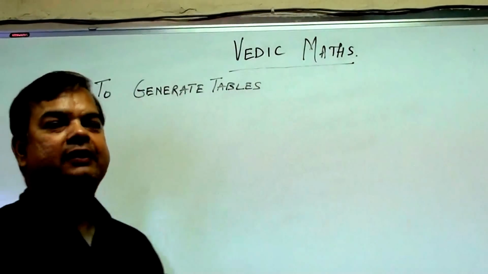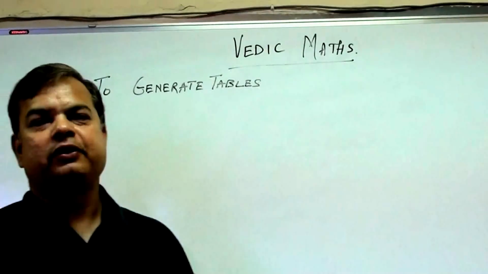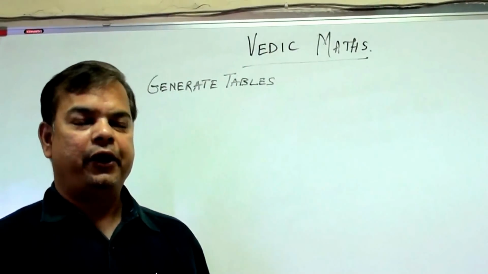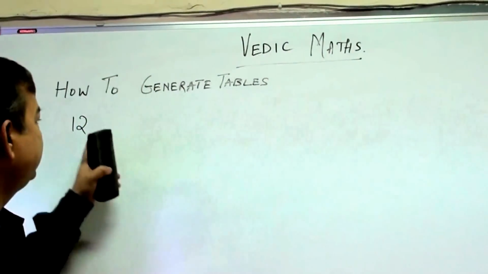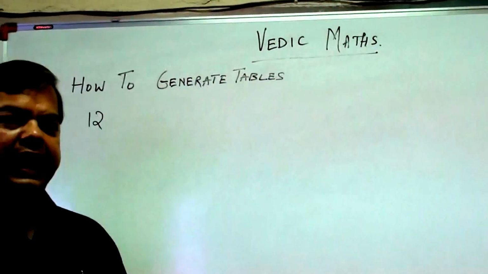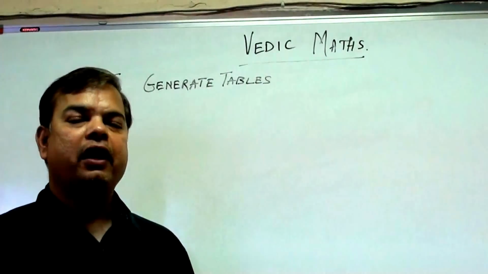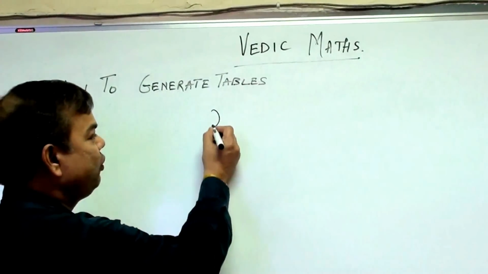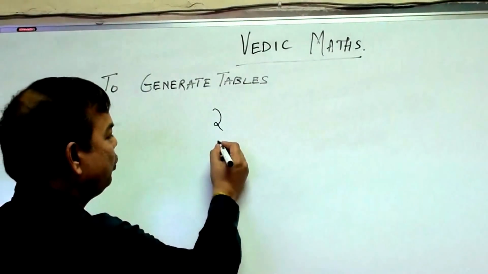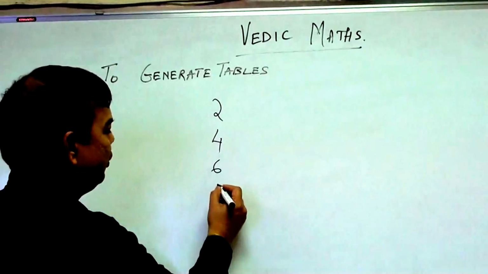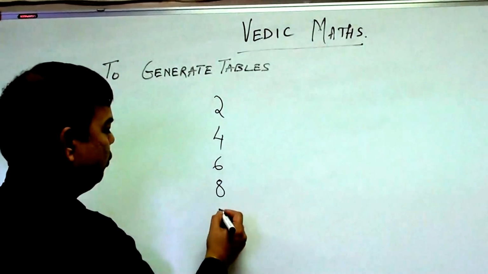Now in Vedic maths, you have to remember the table of only the unit number. Now in this particular case of 12, we will just first write the table of 2. So 2 ones are 2, 2 twos are 4, 2 threes are 6, 2 fours are 8, 2 fives are 10.